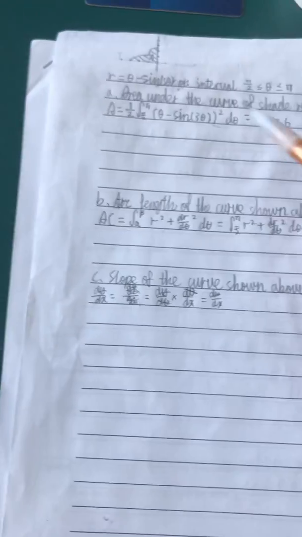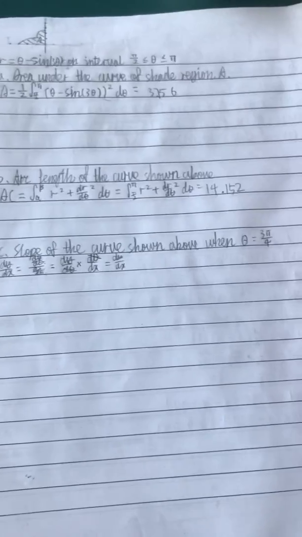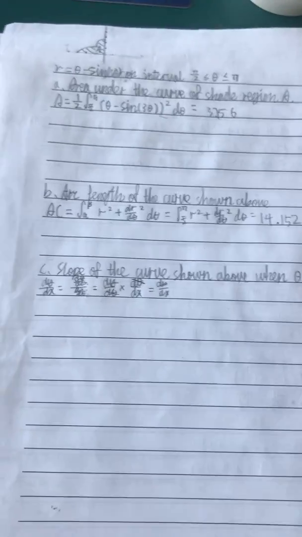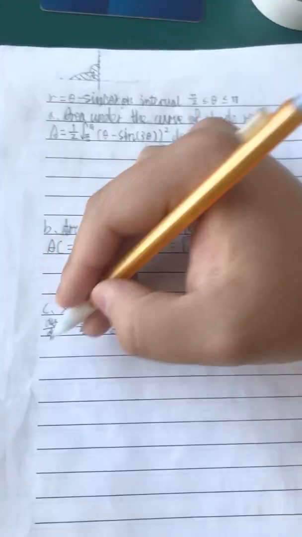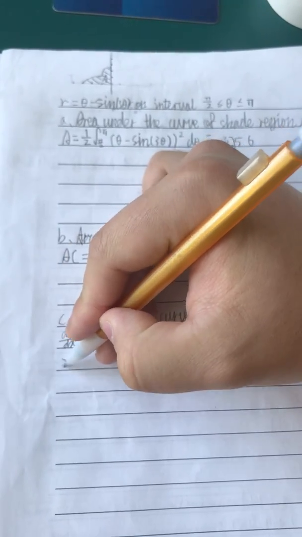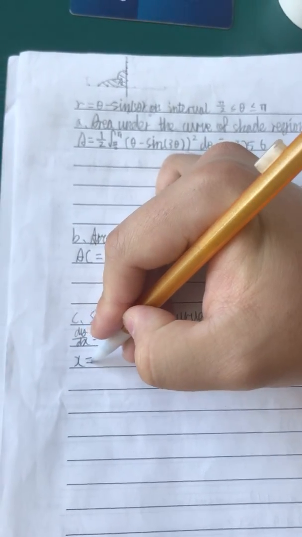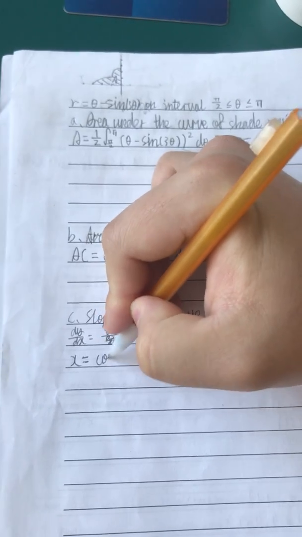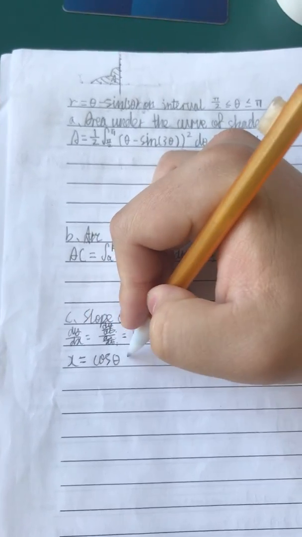But notice we are given r. We are not given anything about x and y. So here's what we're going to do. We know x is equal to cosine theta times r.